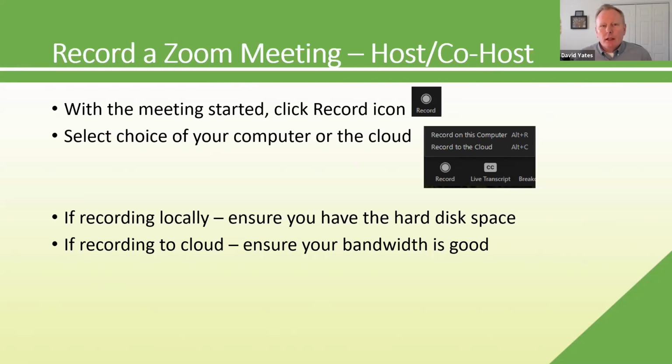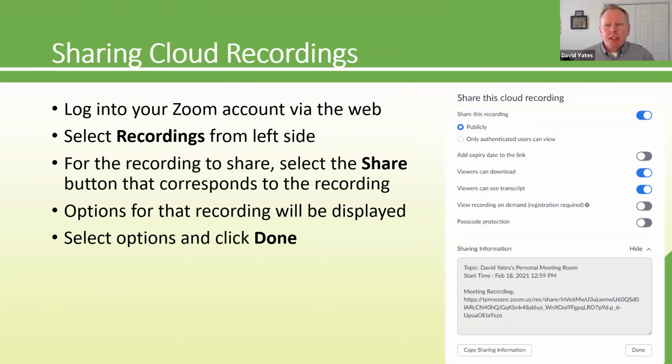Now, I want to look at talking about sharing those cloud recordings. Something that you maybe haven't looked at before, but if you do share it to the cloud, you do have to log into your Zoom account via the web. Over on the left side, click on your recordings, and it's going to list all of the recordings that you have.